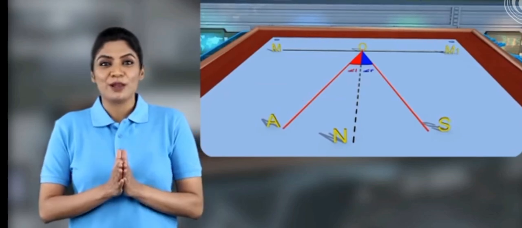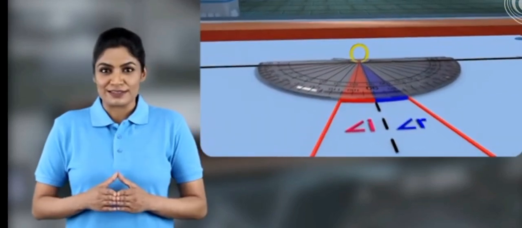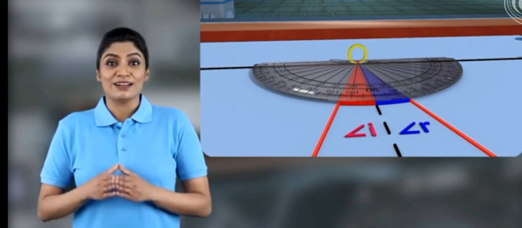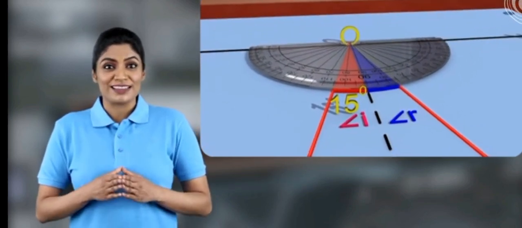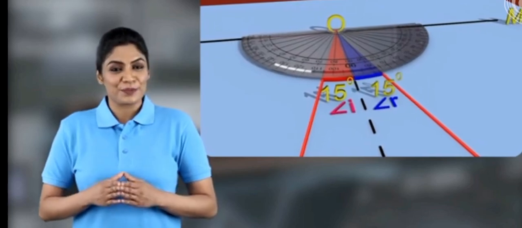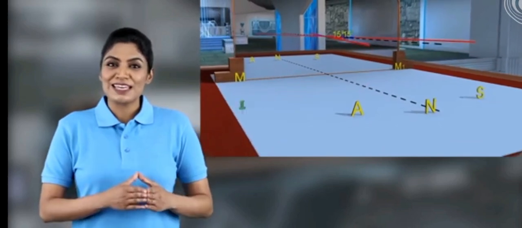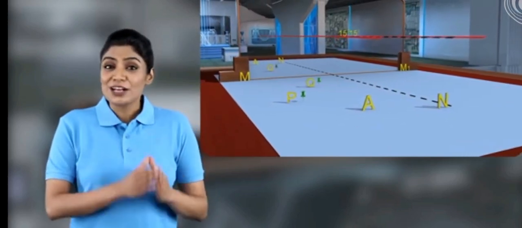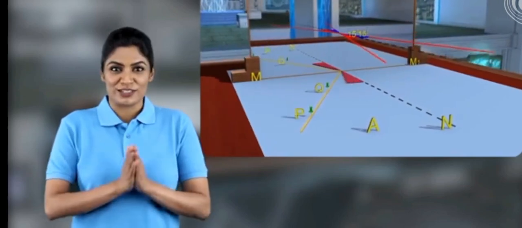With the help of a protractor, measure the angle of incidence, that is, angle I, and the angle of reflection, that is, angle R. Now, replace the mirror and position the pins P and Q in such a way that the angle of incidence changes.